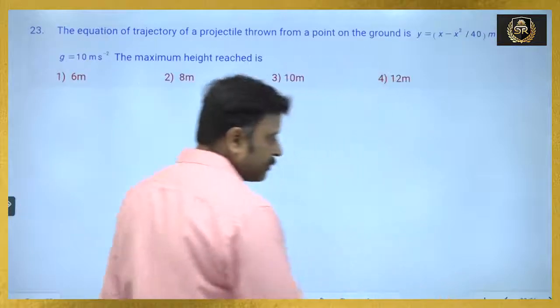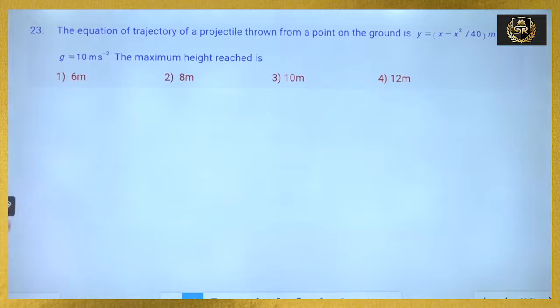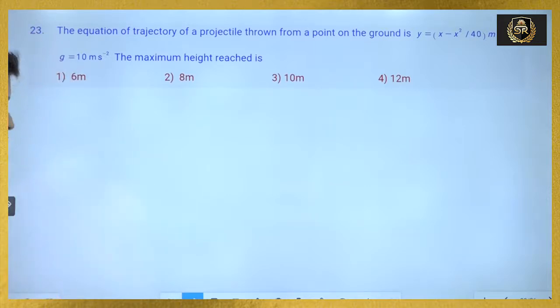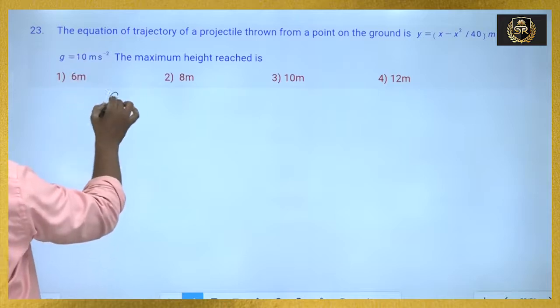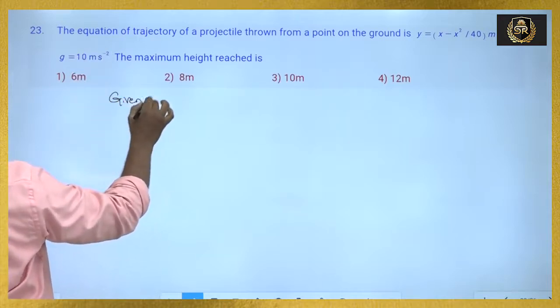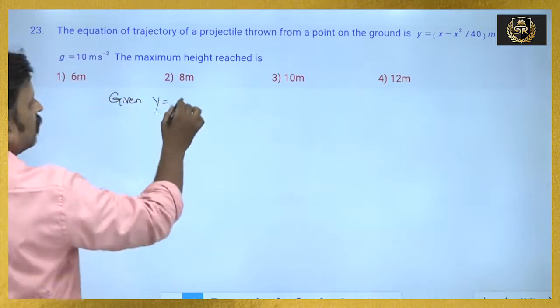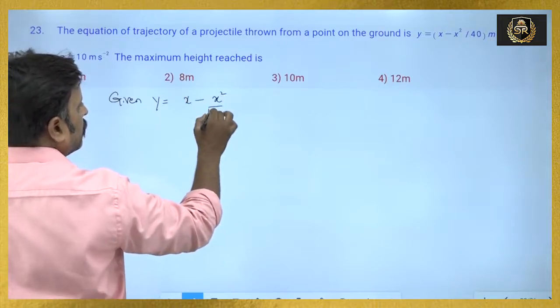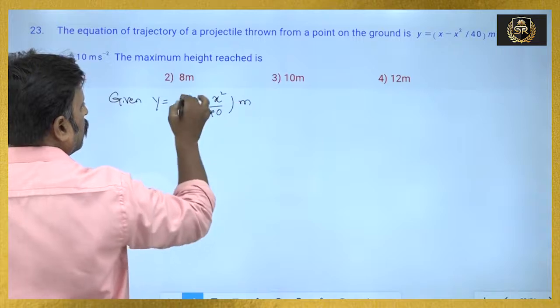This is 23. The equation of trajectory of a projectile thrown from a point on the ground is y equal to x minus x square by 40 meter. If g is 10 meter per second square, then the maximum height reached by the projectile is. First write the given equation. Given y is equal to x minus x square by 40 meters.